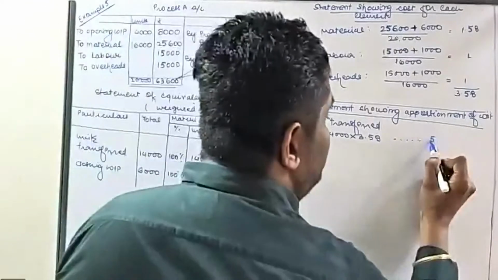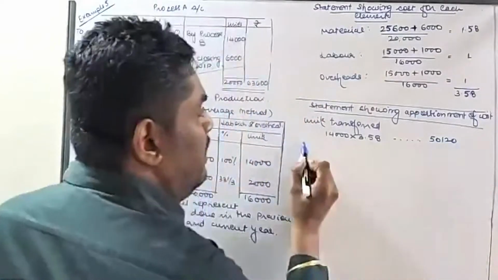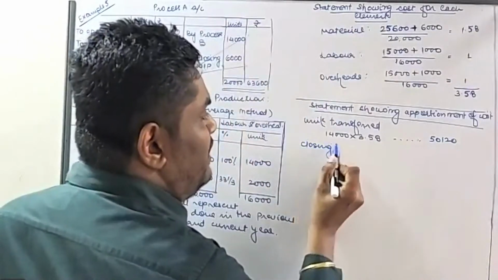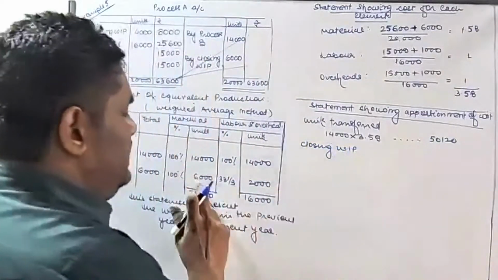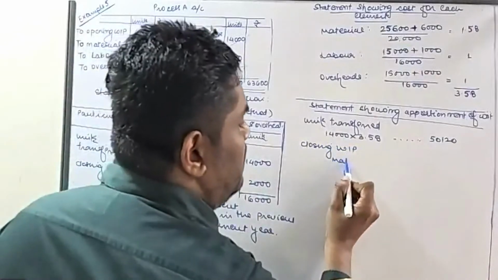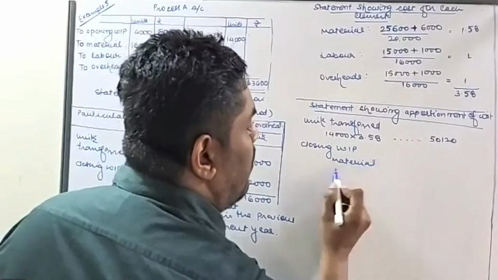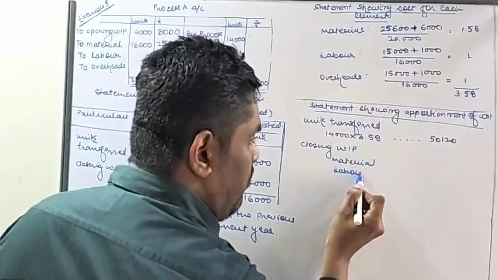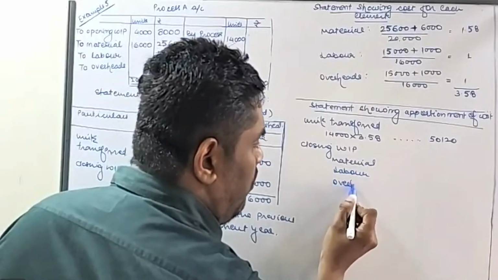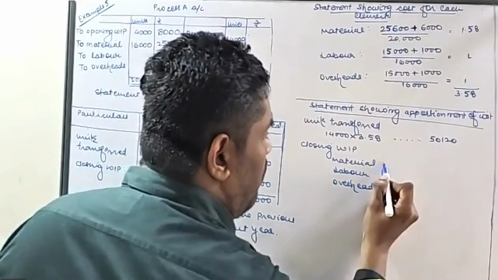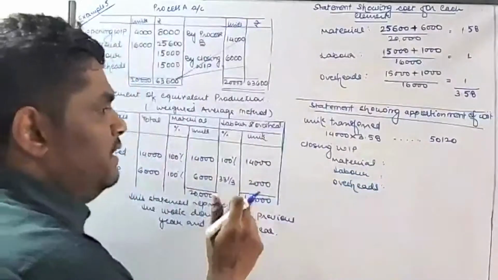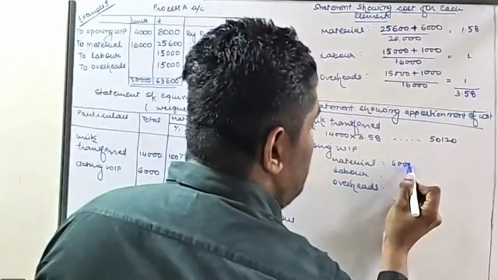That is 50,120. And for closing work in progress, again see, for material, 6,000, 2,000 and 2,000.